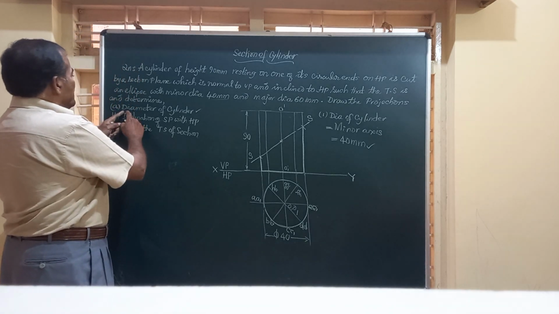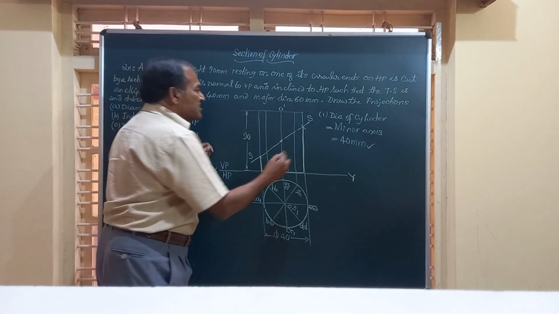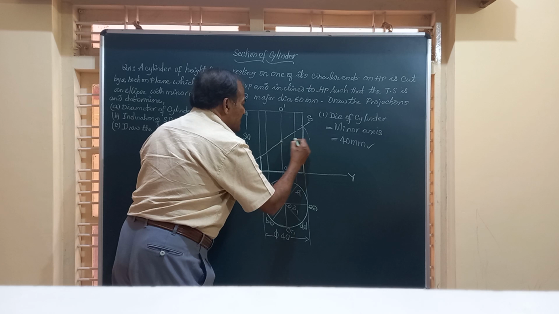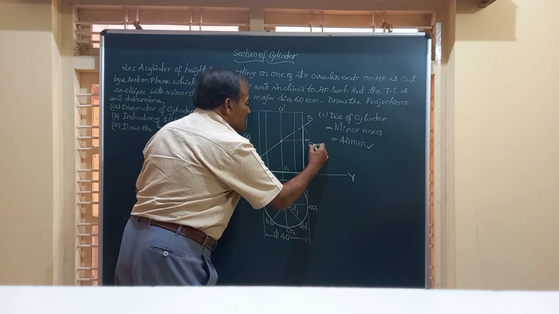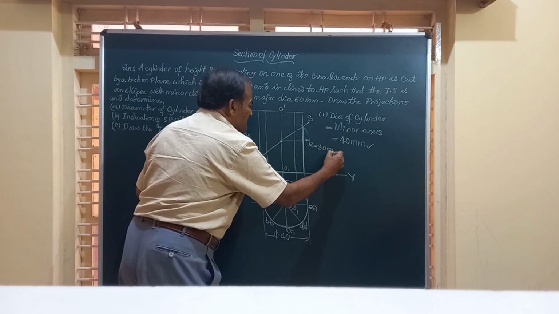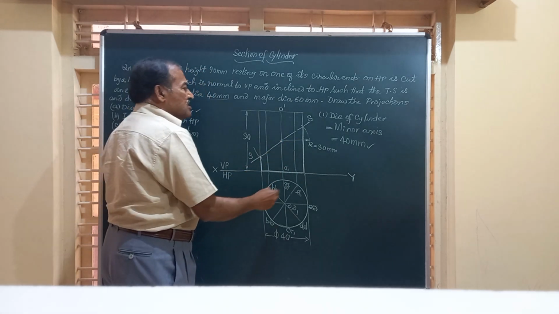Now we have answered the first part of the question, the inclination of the section plane. Friends, after you cut with radius equal to 30 mm, that is half of the major axis, 30 mm, another arc here with the same radius. We have got this line.